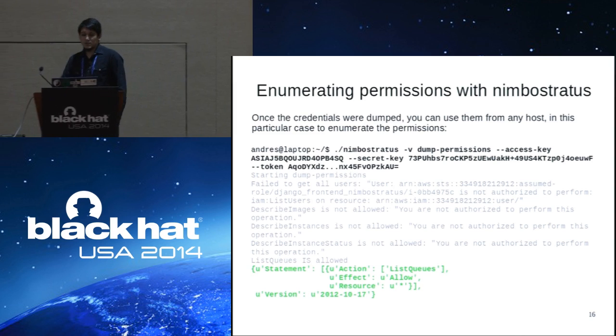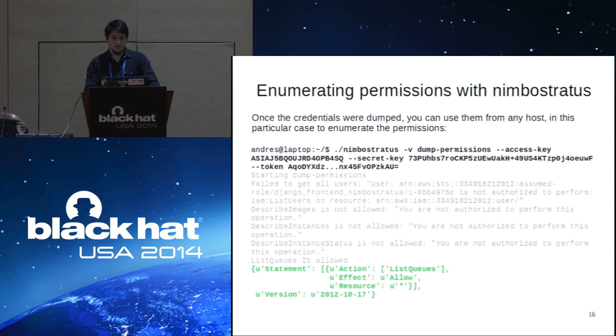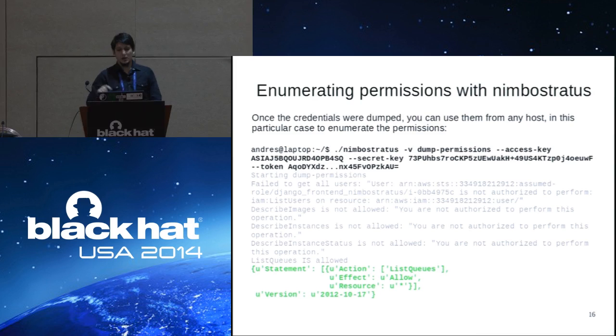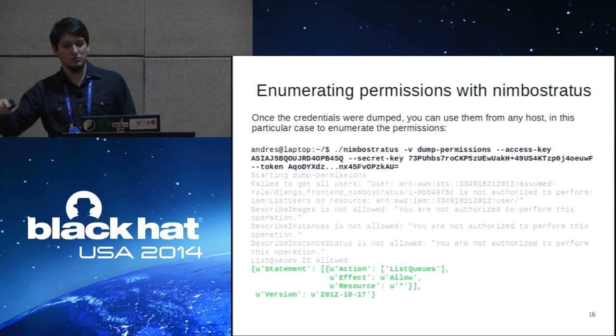After running this, I found that the permissions this tool was able to enumerate are not the whole permission set, but only the ones that we were able to enumerate. The permissions were those where it says statement, action, list queues, effect, allow, resource, star.